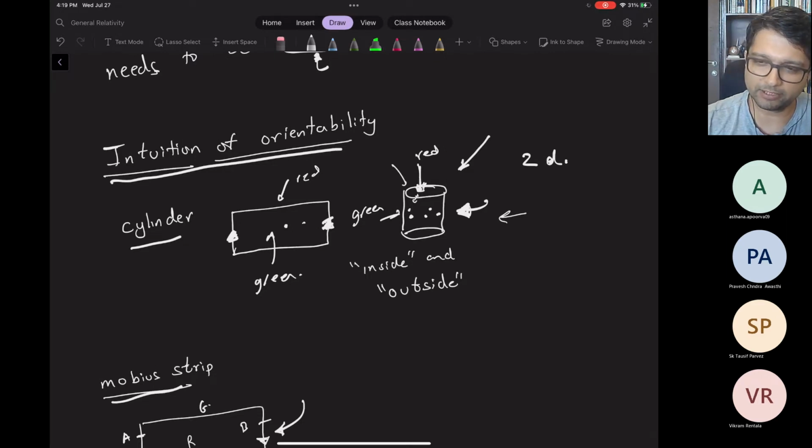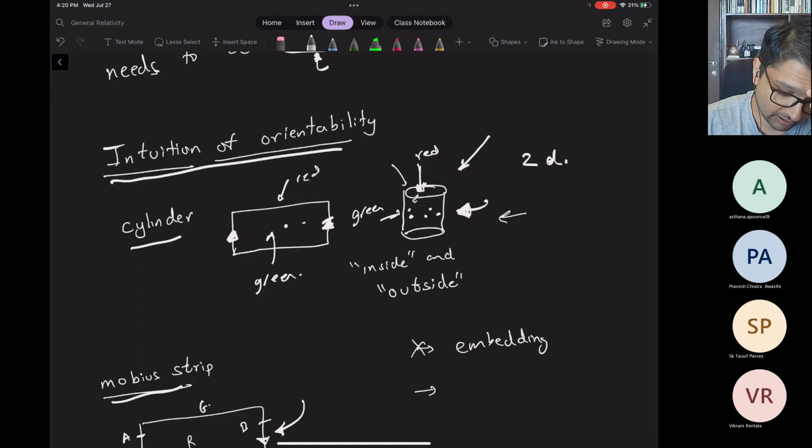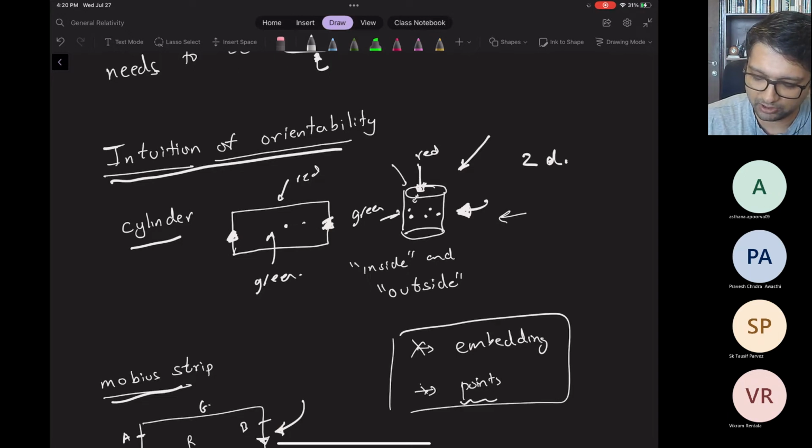But if we want to define it precisely for a manifold in a way that does not rely on the embedding, the fact that this is embedded in 3 dimensions, or the fact that it's just a collection of points with no intrinsic notion of what is a side to them, we need to define some other notion of orientability, which agrees with this intuitive notion for a Mobius strip, but can be generalized to arbitrary manifolds.